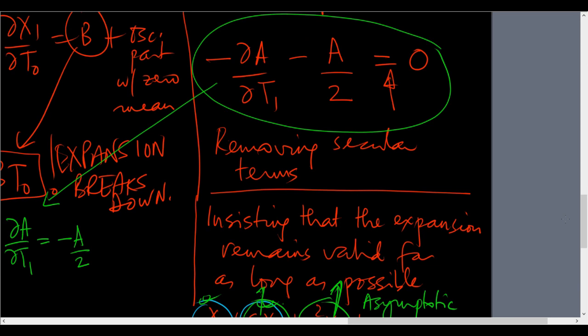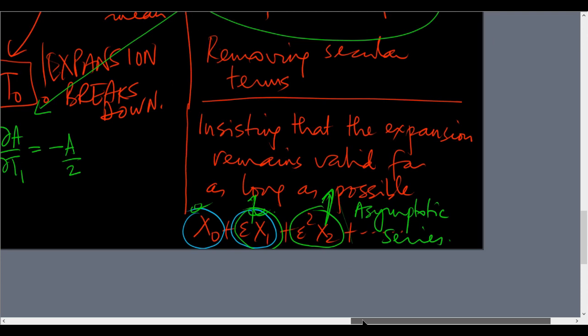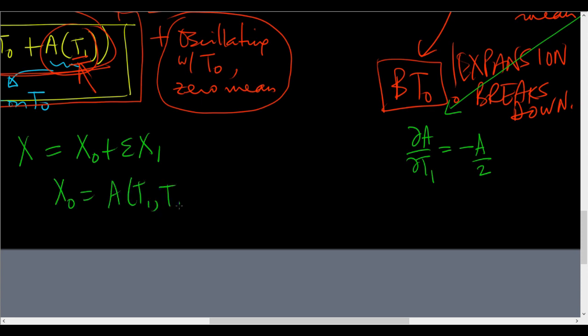But you see, what have we got? Come on. Here. What have we got? We have got x is equal to x0 plus epsilon x1 and we have got x0 is equal to a of t1, t2, and so on.